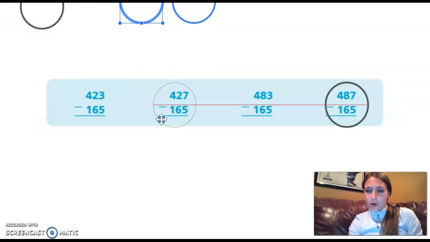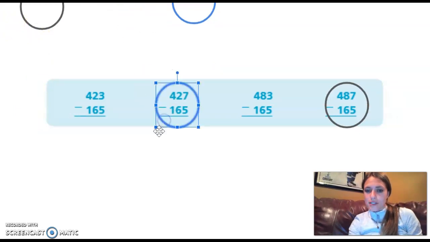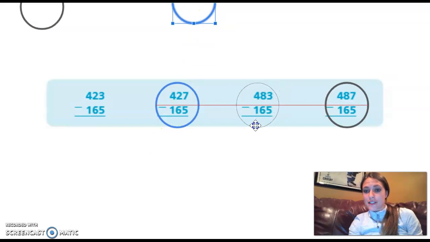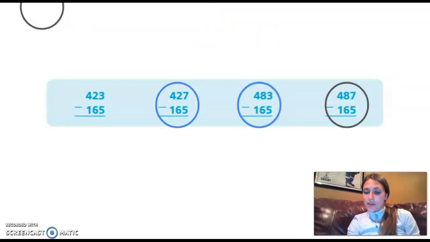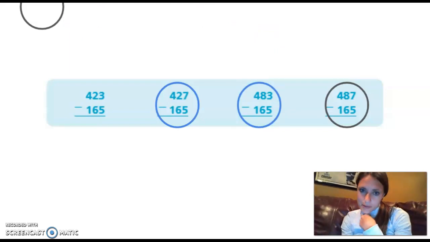Do you see any more that you only have to ungroup once? 483 minus 165. Okay, so what place value do you need to ungroup once in these two problems?